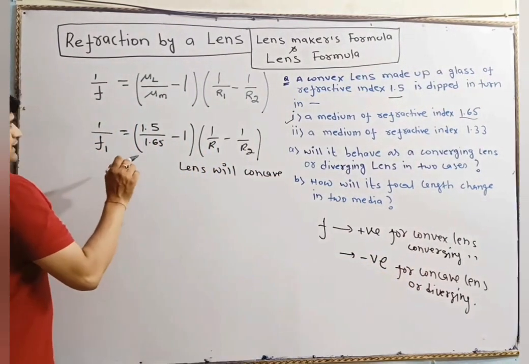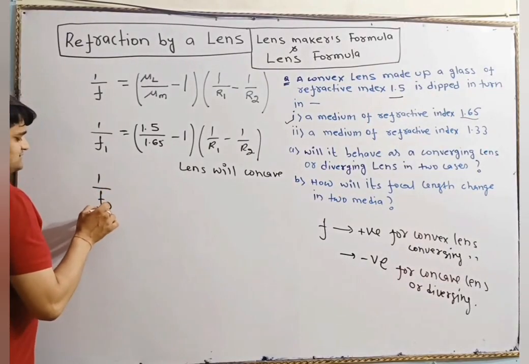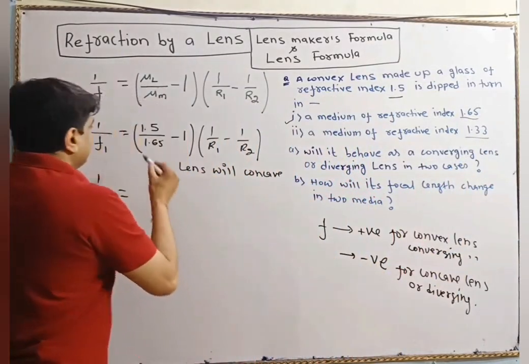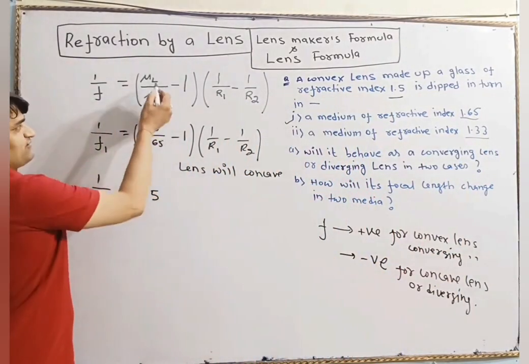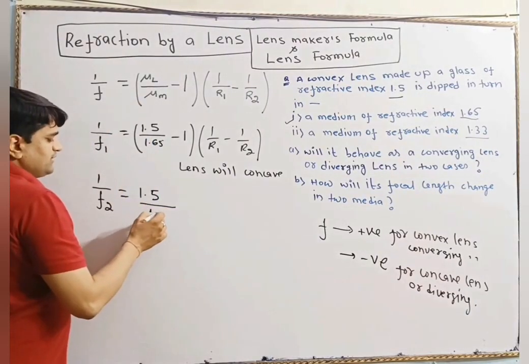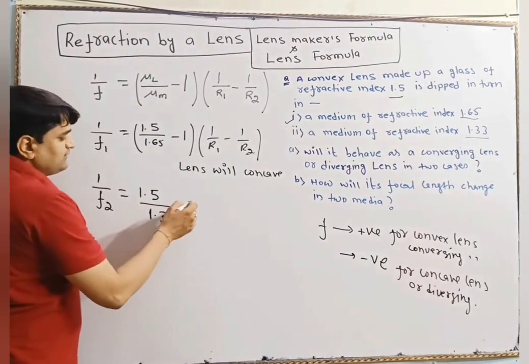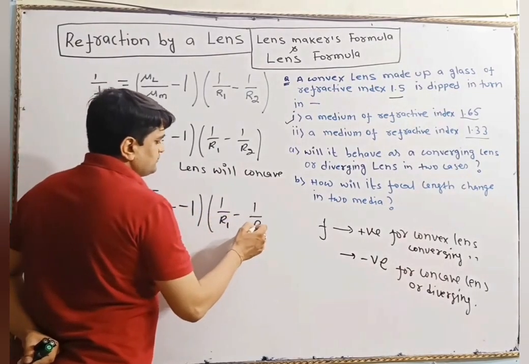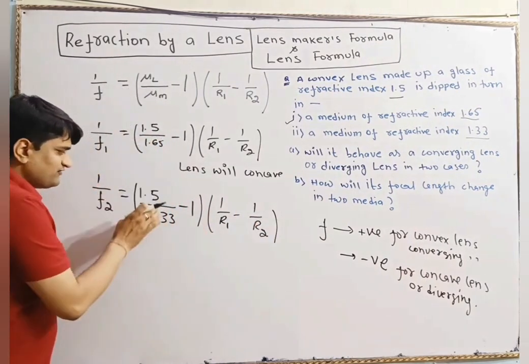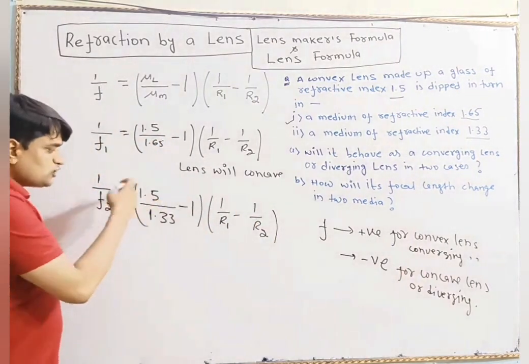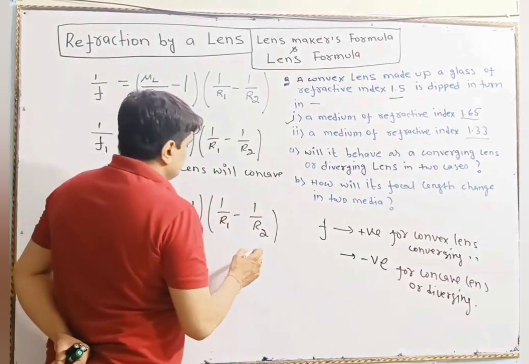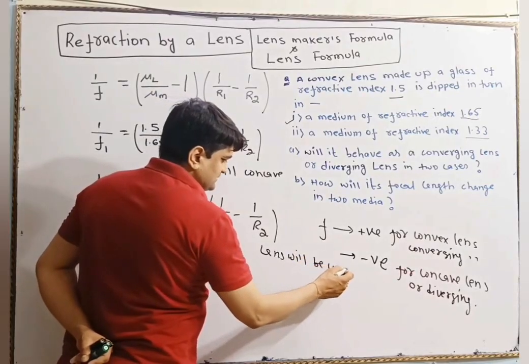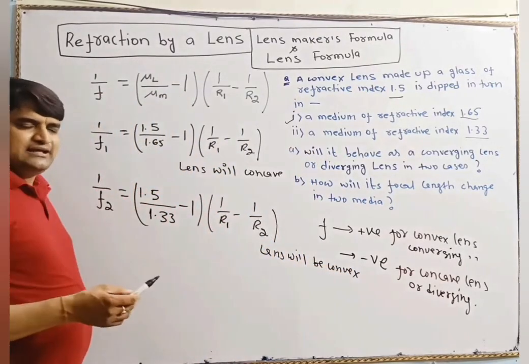In the second case, the refractive index of the medium is 1.33. The refractive index of the lens is 1.5, so it is (1.5 upon 1.33 minus 1) into (1 upon R1 minus 1 upon R2). Now this ratio 1.5 upon 1.33 is greater than 1, so f2 will be positive, so the lens will be convex or converging. Okay, simple question.